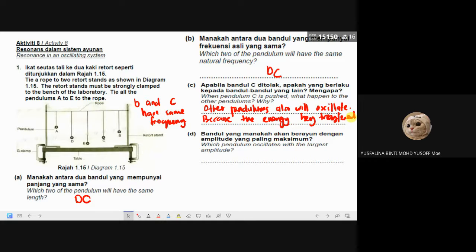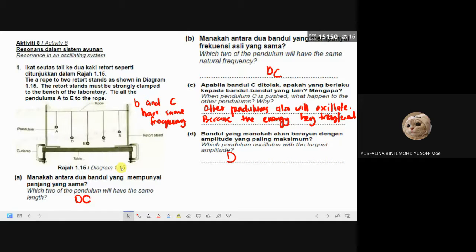For D, it says which pendulum oscillates with the largest amplitude. The pendulum that oscillates with the largest amplitude is D, because they have the same length, meaning they have the same frequency. Same frequency means D will oscillate at the maximum amplitude if you push C. And if you push D, then C will oscillate with the maximum amplitude. So this one we call resonance.